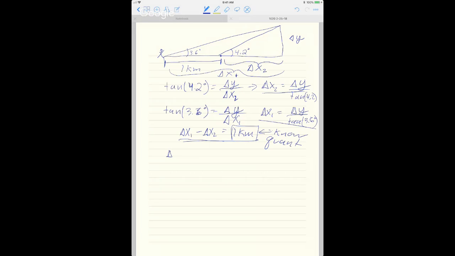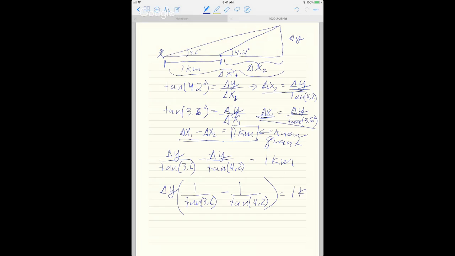So I have that delta y over the tangent of 3.6 degrees minus the change in y over the tangent of 4.2 degrees is equal to 1 kilometer. In other words, that change in y we're looking for is 1 over the tangent of 3.6 minus 1 over the tangent of 4.2, and that's all equal to 1 kilometer.